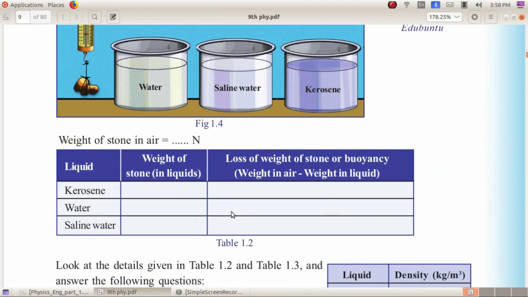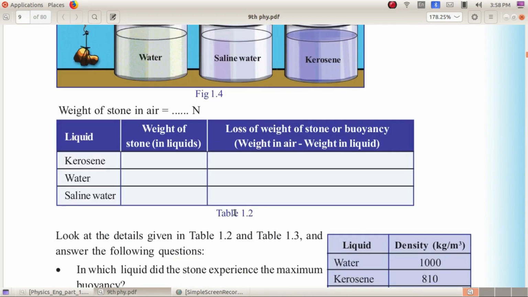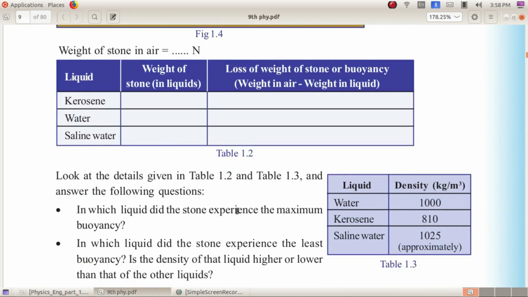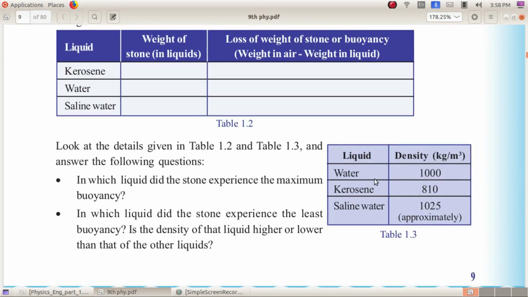To find this, we have to take its weight in air and then we have to dip the iron block in water and then find its weight. Then we have to find its buoyancy. To calculate buoyancy, we subtract weight in water from weight in air, and that will give our iron block's buoyancy.